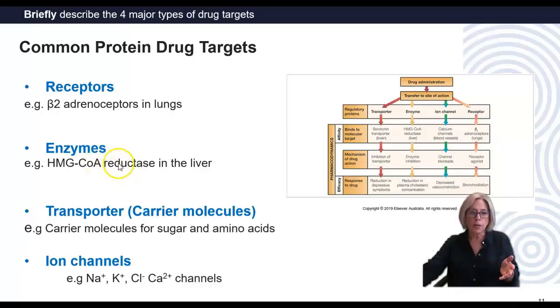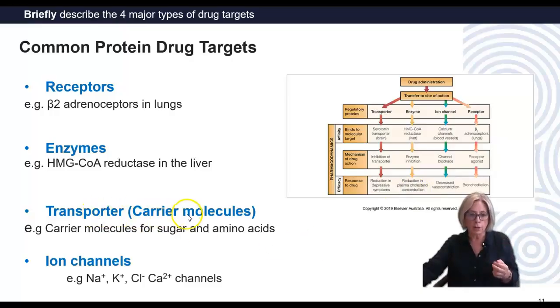Enzymes can also be a protein drug target in this table. The example there is the HMG-CoA reductase in the liver. The drug is inhibiting that enzyme, and that can cause a reduction in plasma cholesterol concentration.